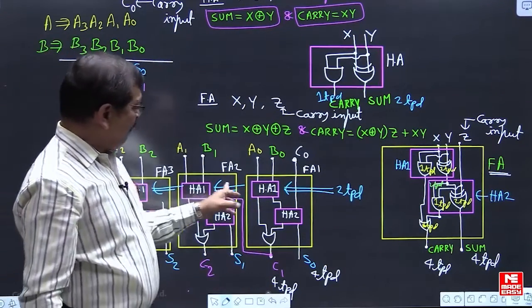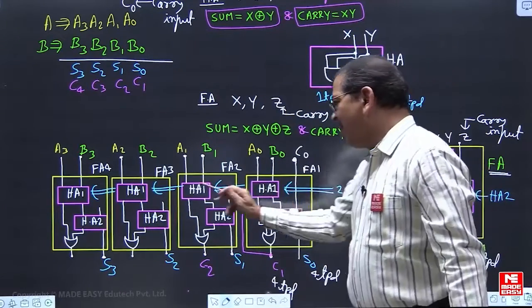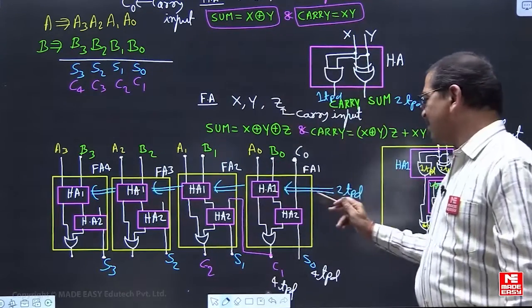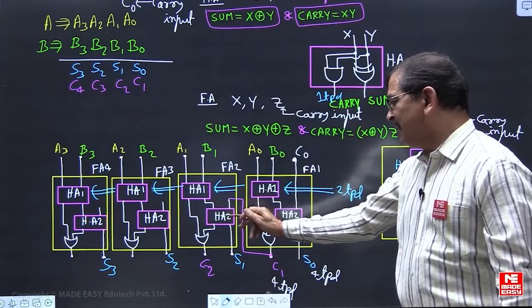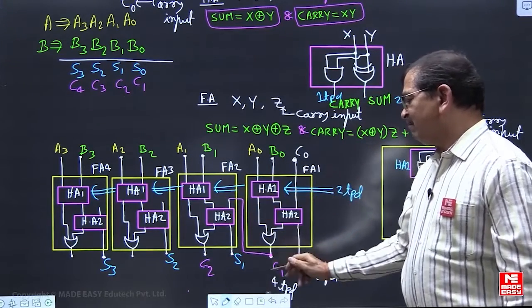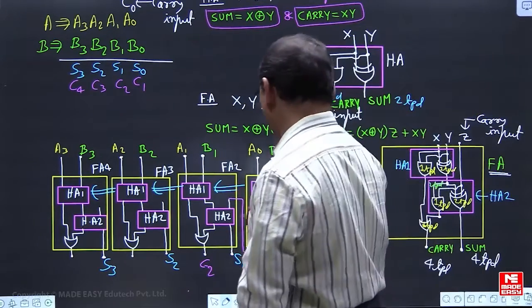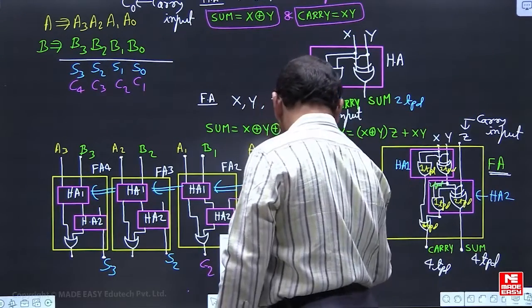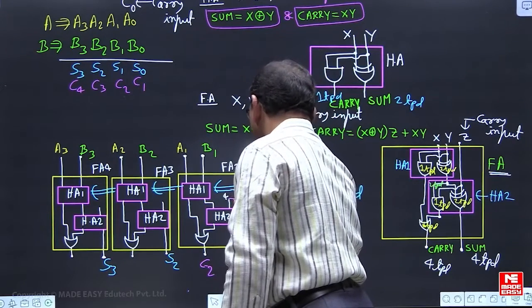By the time all the half adders are completed this work, ये पूरा half adder 1 blocks एक ही साथ में काम कर रहा. So already this is available here, but it is waiting for this C1. For this C1 it is waiting. So C1 is available after 4 TPD.